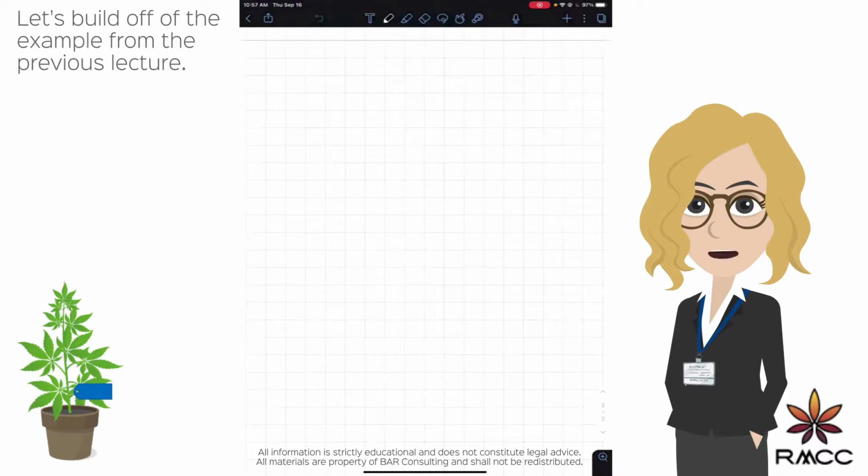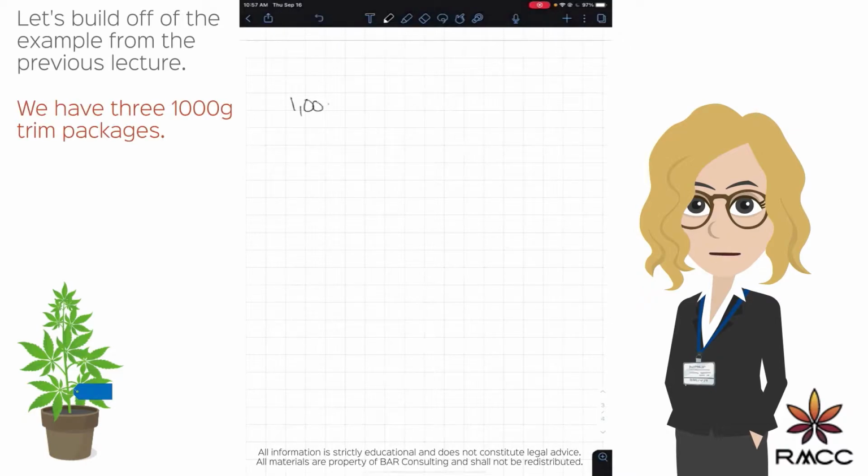So we're going to start from the top, and we have 3 packages with 1,000 grams in each. Again, these are trim packages.